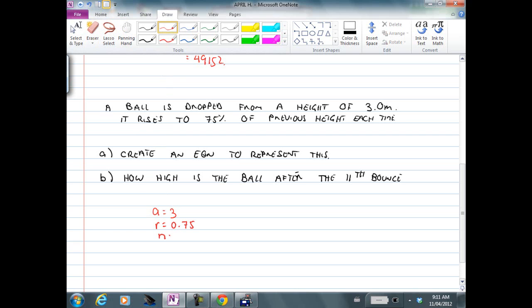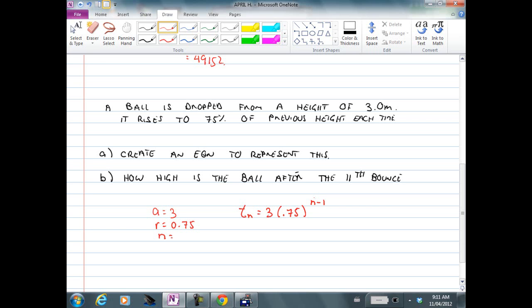N, I don't know what it is, because I didn't say how many terms there are. So all I'm going to do is put this in the formula. Tn equals 3 times 0.75 to the power of n minus 1. And that's all there is to it. Because there's my formula. Now, B: how high is the ball after the 11th bounce?